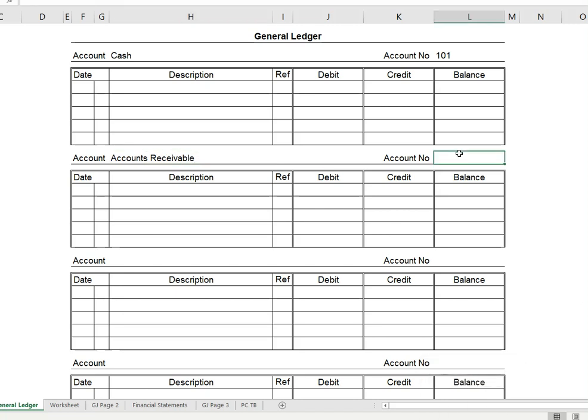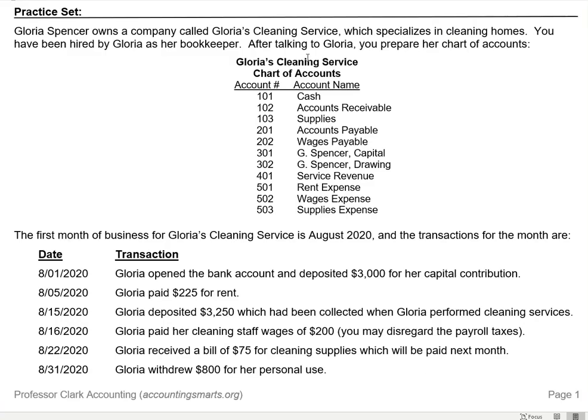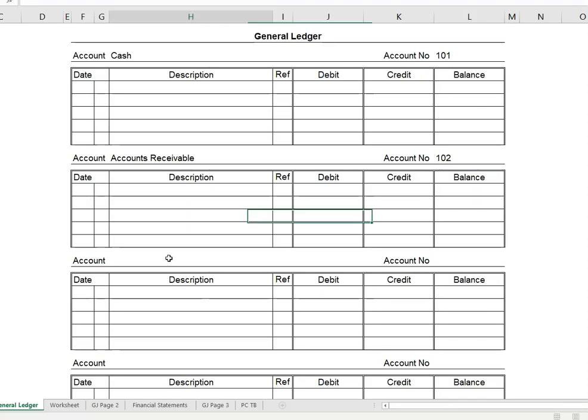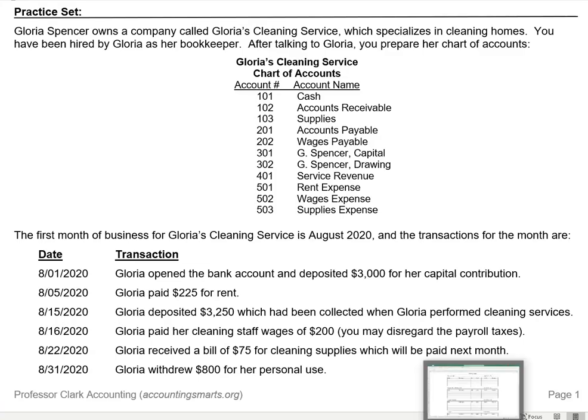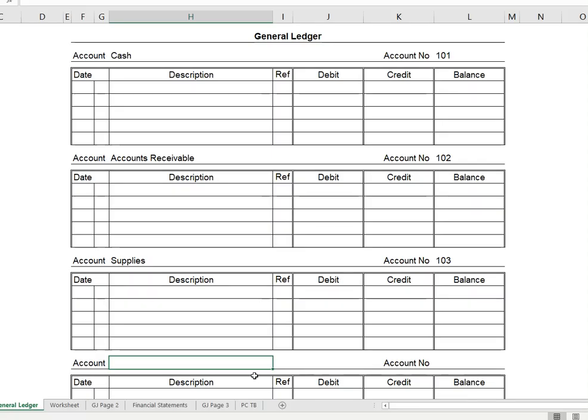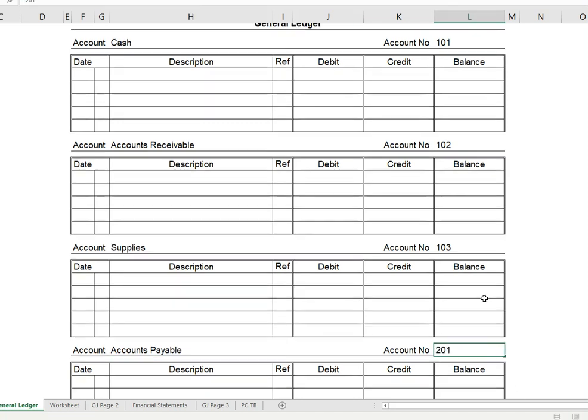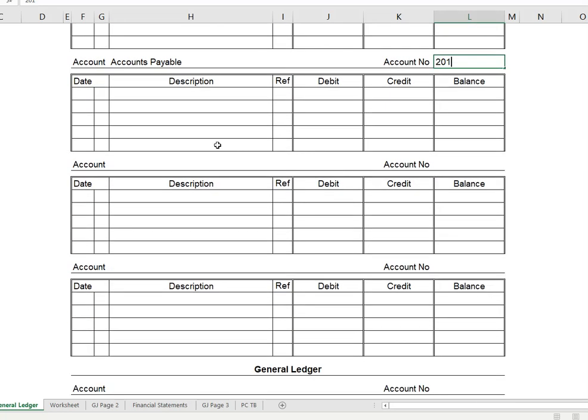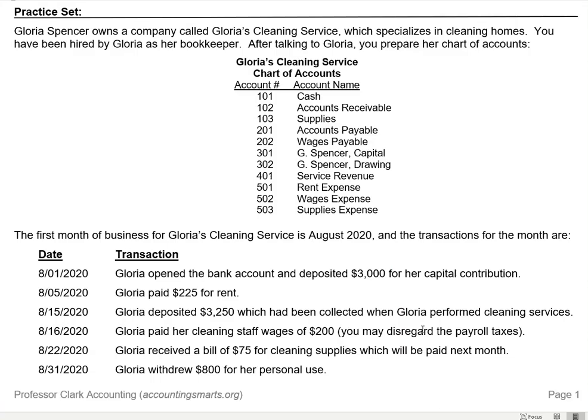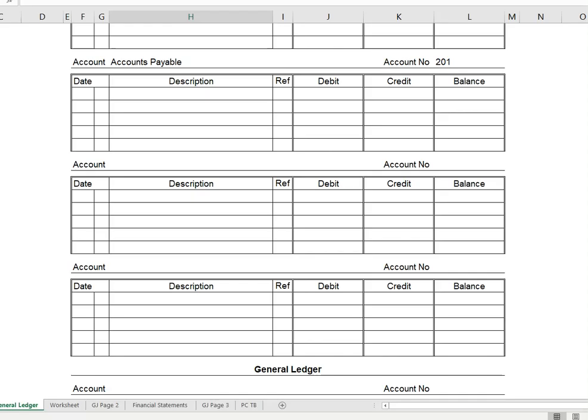Next is supplies, which is account 103. Our next one is accounts payable, account 201. Okay, and our next is wages payable, account 202.